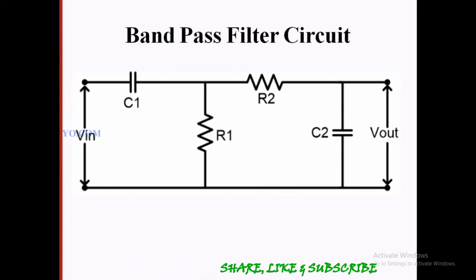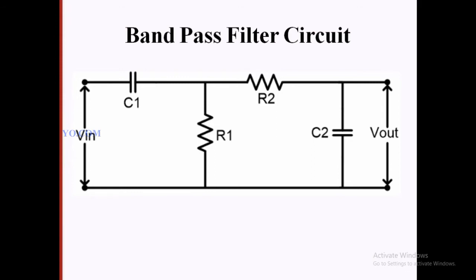The band pass filter circuit is based on RC passive components. The resistor and the capacitor components create one simple RC band pass filter. On the input side, first we face the high pass filter. C1 and R1 form a high pass filter, and C2 R2 form the low pass filter.